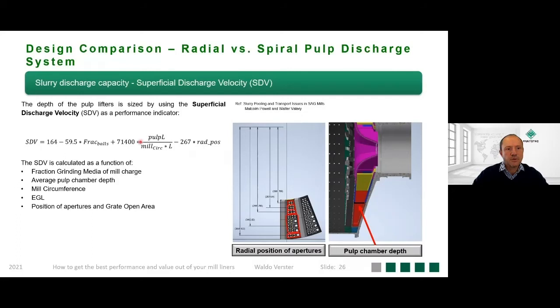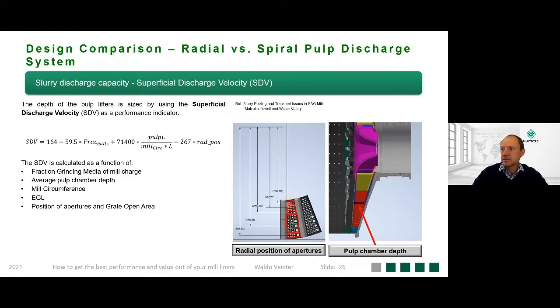We then see the pulp lifter length, which I mentioned there. This is what we want to obtain from this formula: to calculate the pulp lifter geometry or the pulp lifter length. The mill circumference is an input variable, as is the effective grinding length, and then the radial position of the apertures. On this point, this is the weighted average position of the apertures.